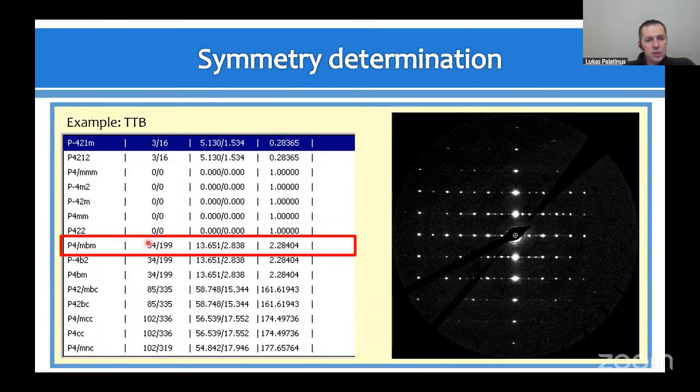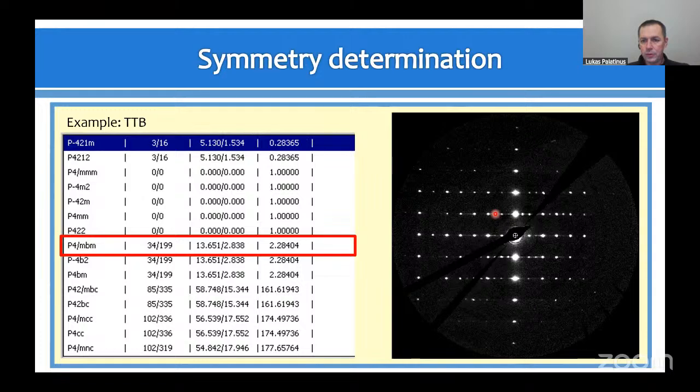So actually quite a decent number of all possible systematic absences is observed. Normally you would say this cannot be the correct space group because there are too many violations of systematic absences. But if you look at the section through reciprocal space, so this is the H0L section, you can see that there are violations of systematic absences.